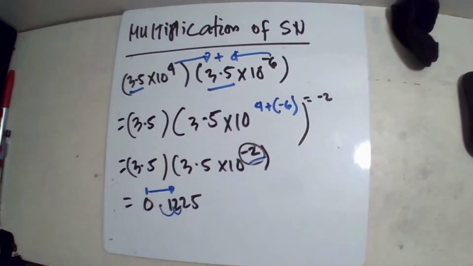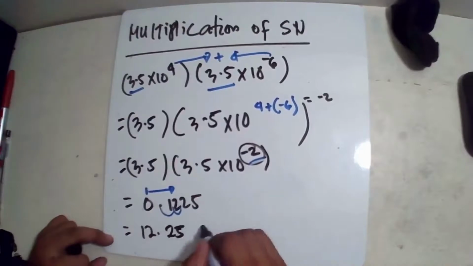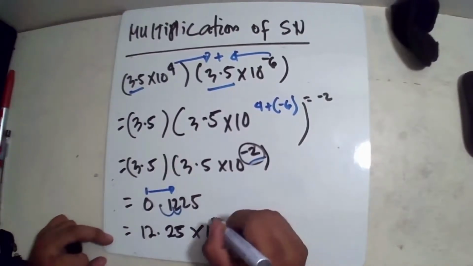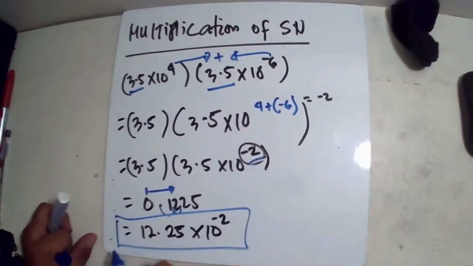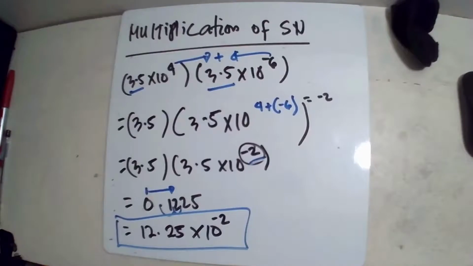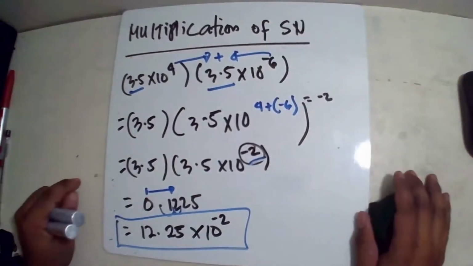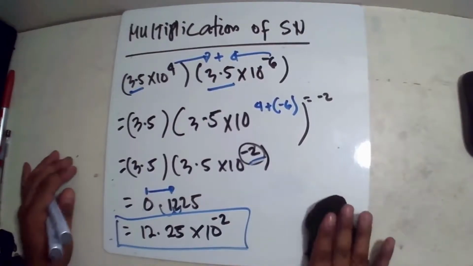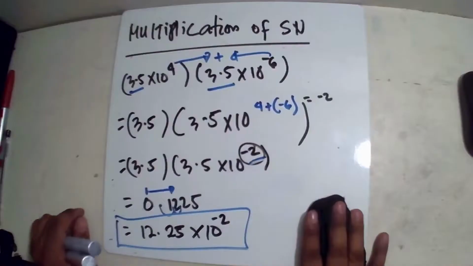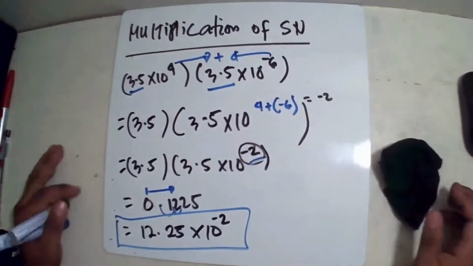So this becomes 12.25 times 10 raised to negative 2, and this is now the answer for that problem. That's how we multiply scientific notation. You can pause this video to copy this example, and we'll proceed to the division of scientific notation.